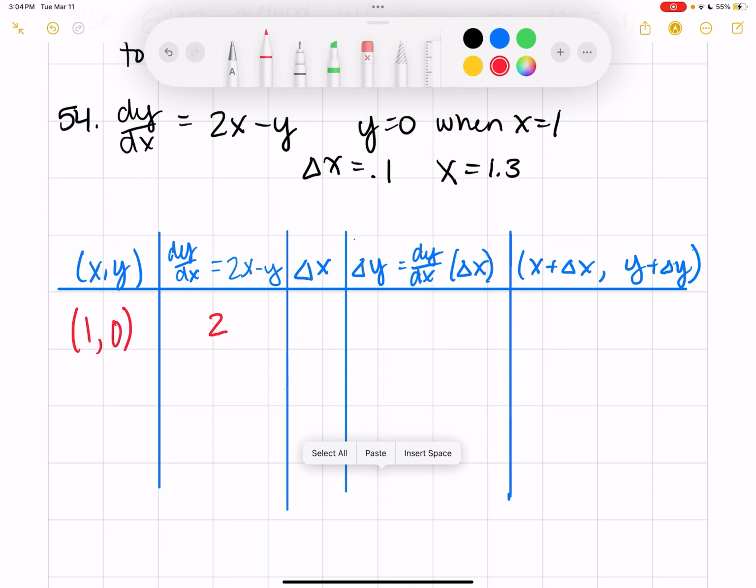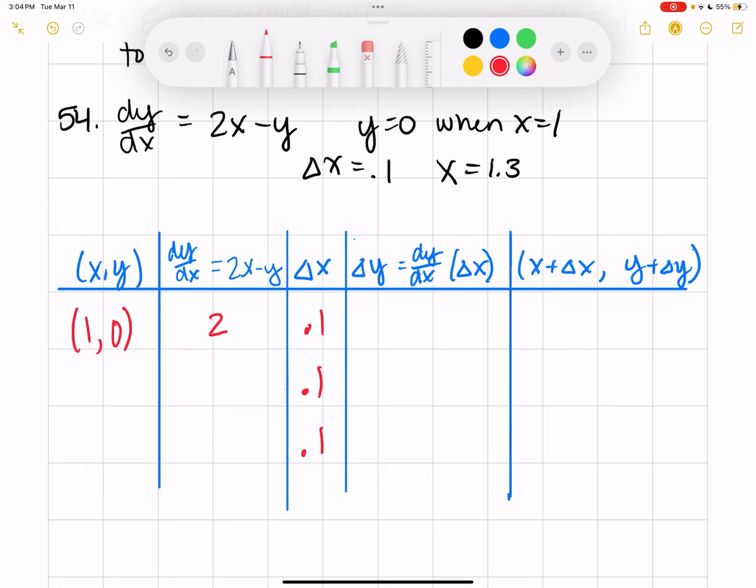Now, delta x is always 0.1, so I can put 0.1 in all of those already. Now this part here is this column times this column.